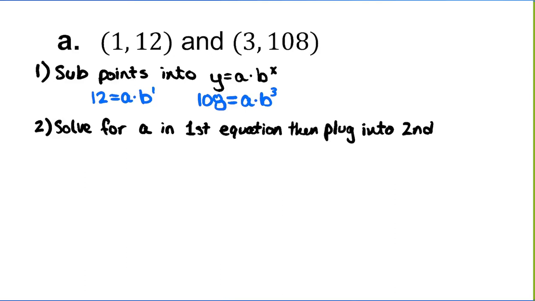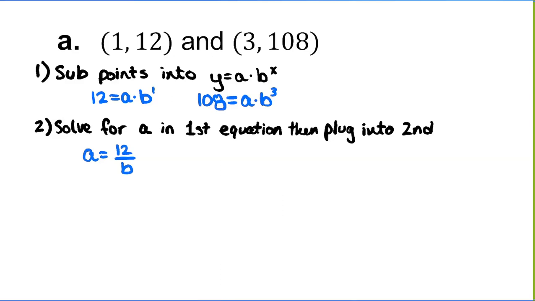So we're just going to rearrange that first equation, and plug that a into our second equation. Up top, we had 12 equals a times b, so we're just going to divide both sides by b, and that will let us solve for a. So we have a equals 12 over b to the first, or just b.